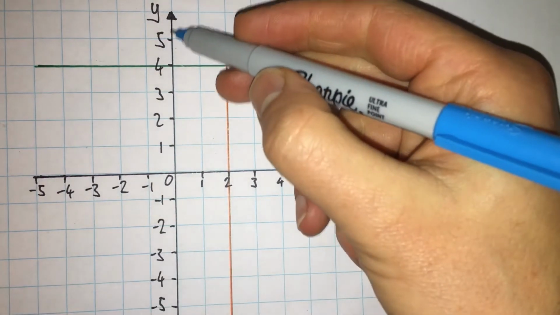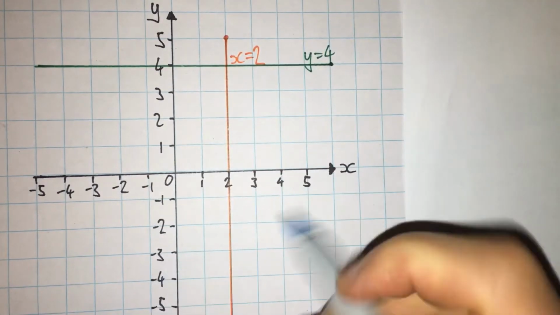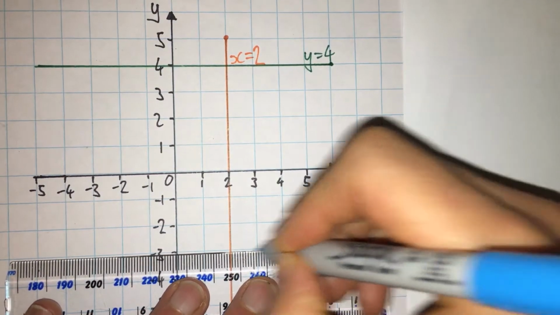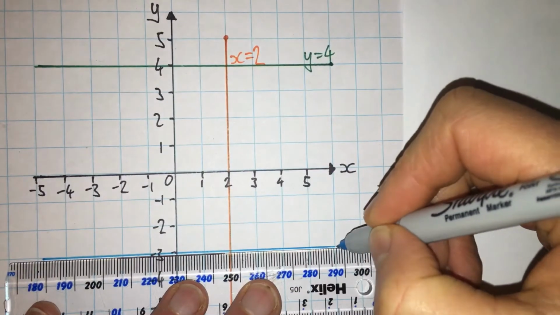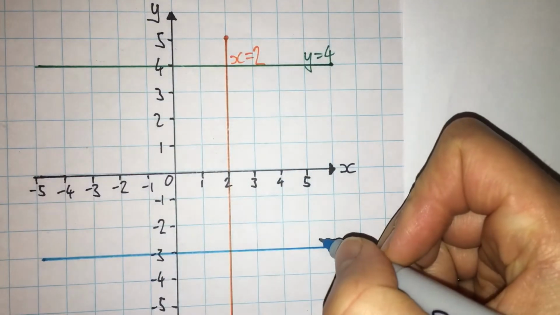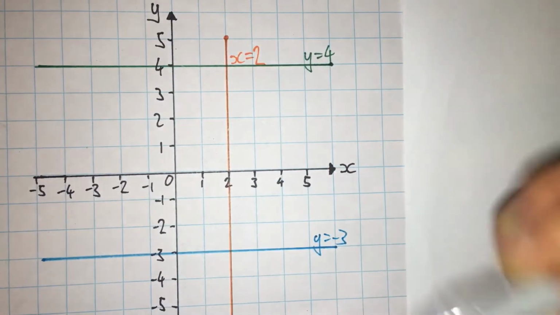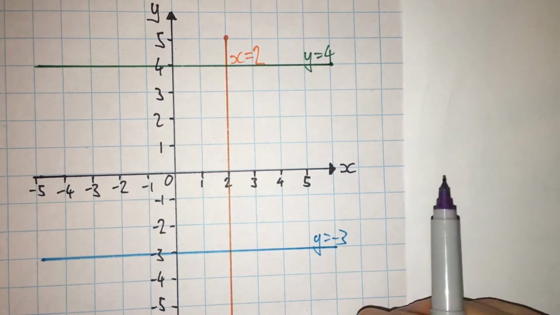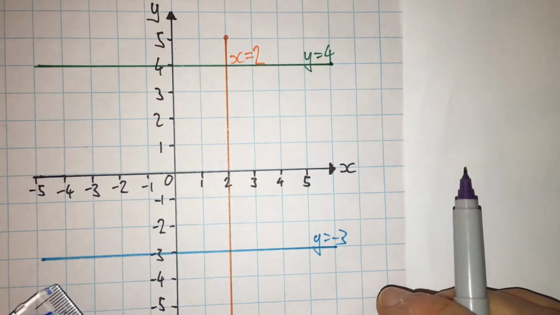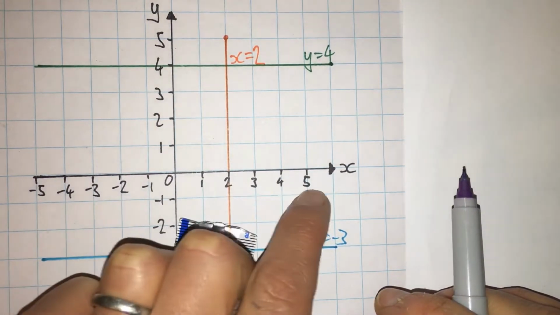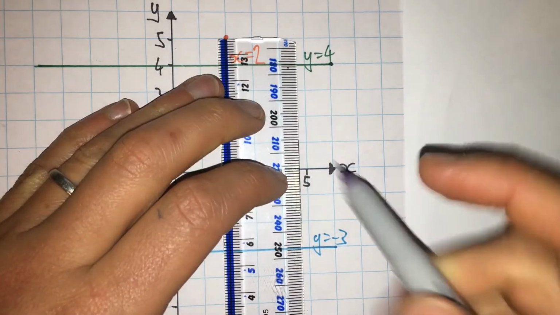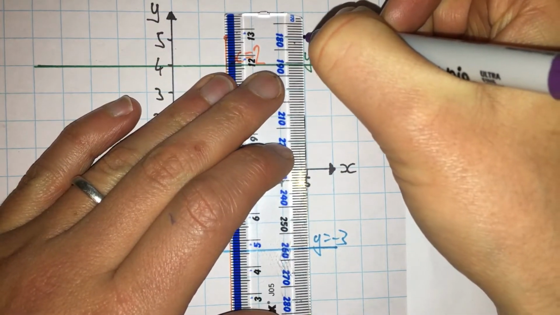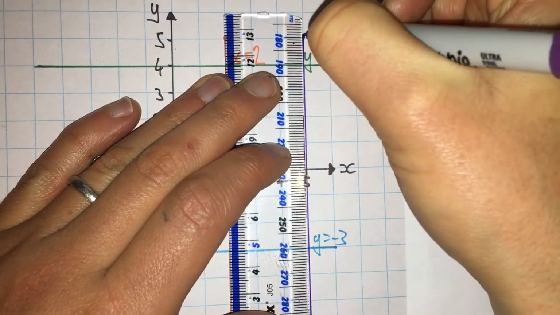Well, we find the value of y equals minus 3 on the y-axis, and it's the line that goes through that value, y equals minus 3. Another one. X equals 5. Well, looking at the x-axis, x is 5 over here. So it's a vertical line that goes through the point where x equals 5.